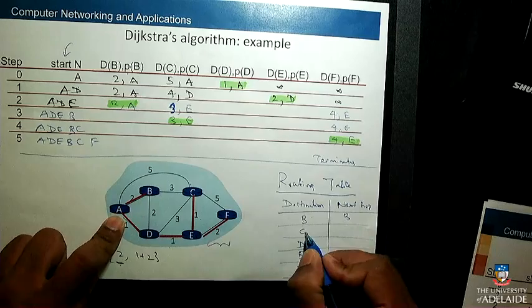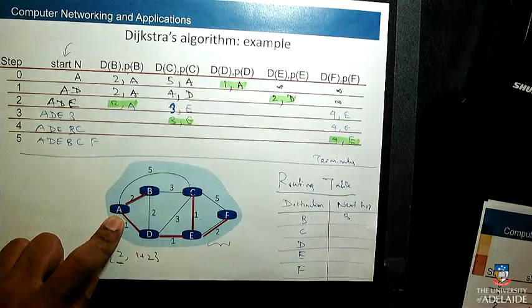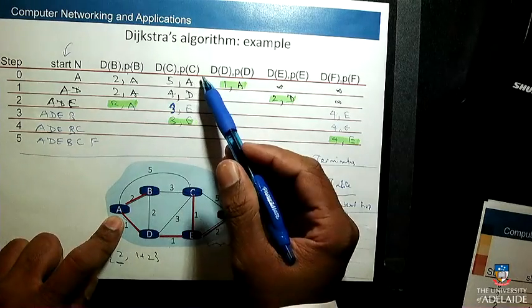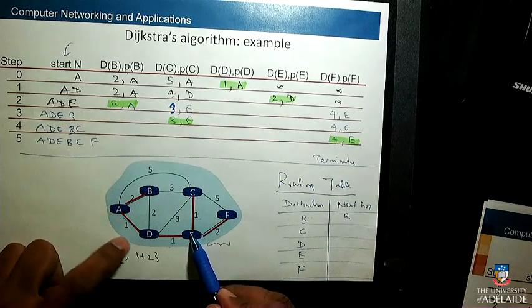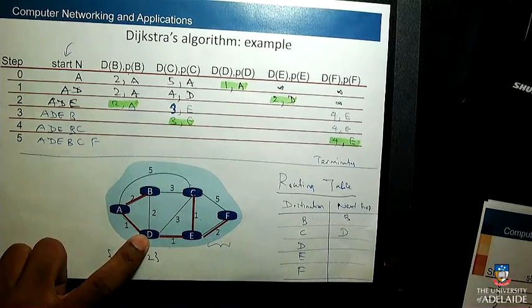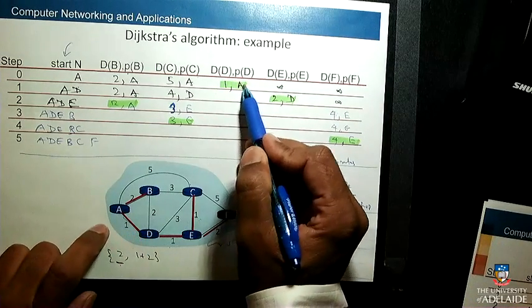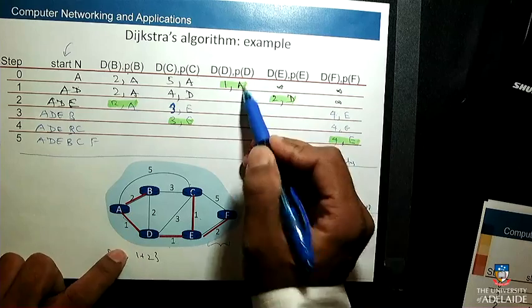If I want to go to C, where do I send it to? I need to send it to E, but if I want to go to E, I need to send it to D, right? So my next hop is D, right? So if I want to go to D, my next hop is what?